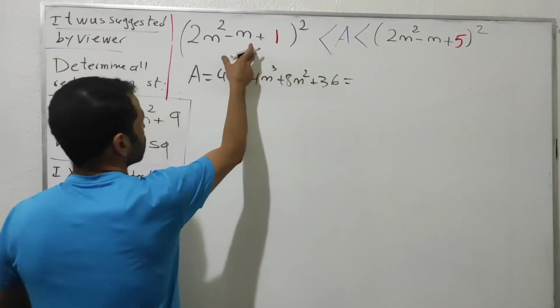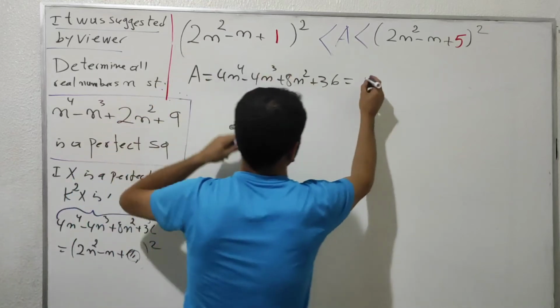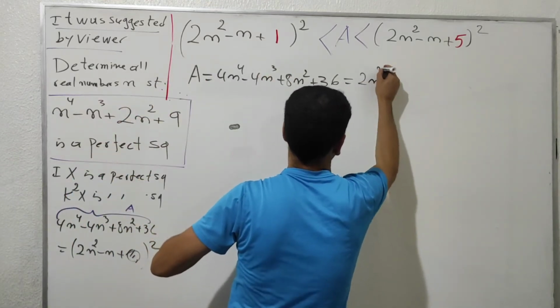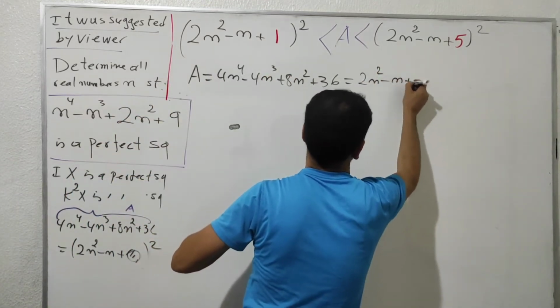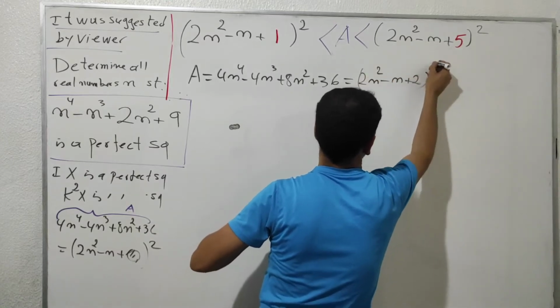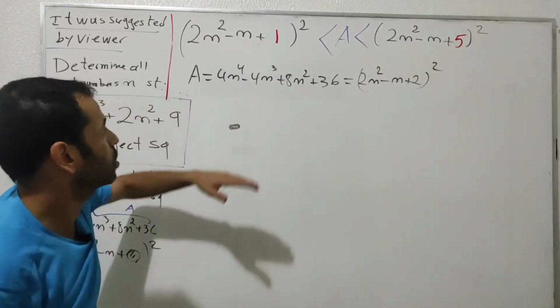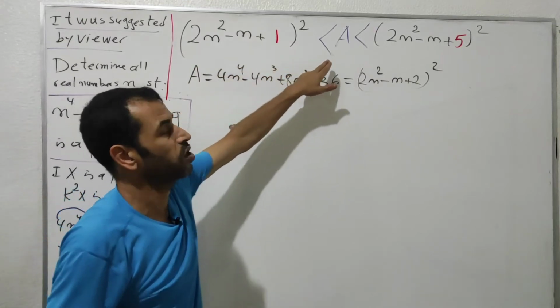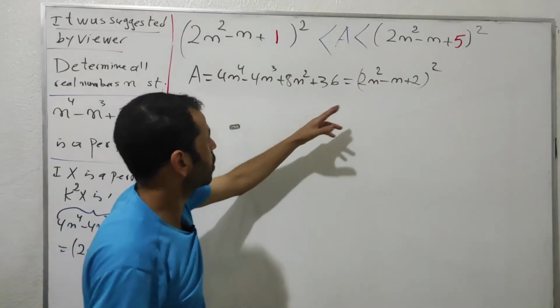It is going to take the number coming after this one, which is 2n squared minus n plus number 2, quantity squared. We are not taking this one itself because this one is strictly inferior than A. We are going to take the number coming after.